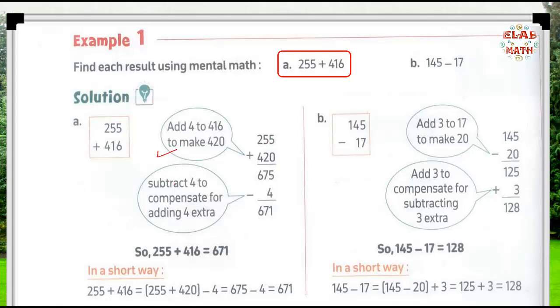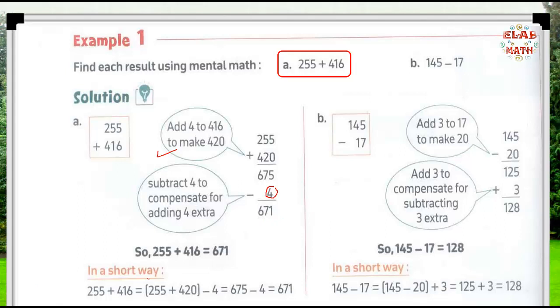This is the first step. Second step, we said you should subtract the same amount from the sum. You should subtract 4. 5 minus 4 is 1. Bring down 67 because here is nothing. So the sum is 671.